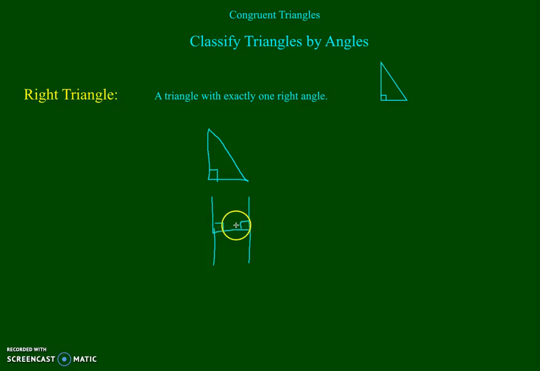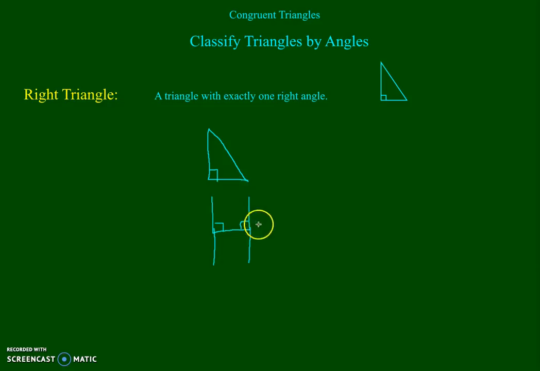Well, the theorem that we looked at said that if two lines are cut by a transversal so that the consecutive interior angles are supplementary, then the lines are parallel. That would mean that this side of our supposed triangle and this side are parallel, and they would never meet, meaning that this would never be a triangle.